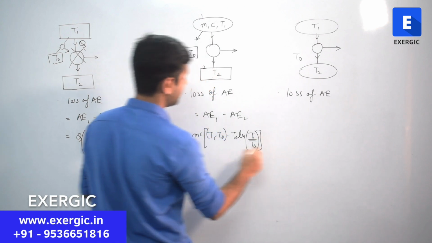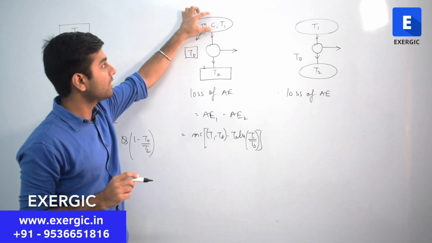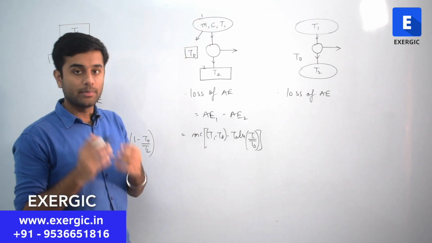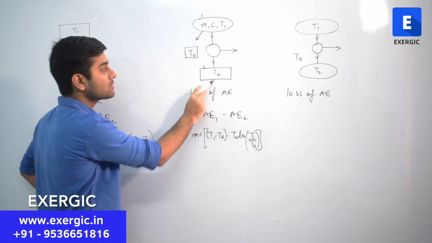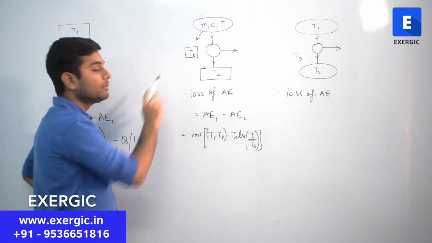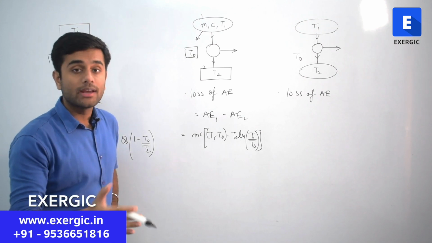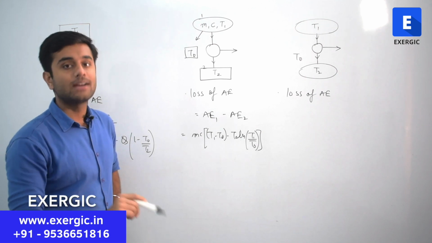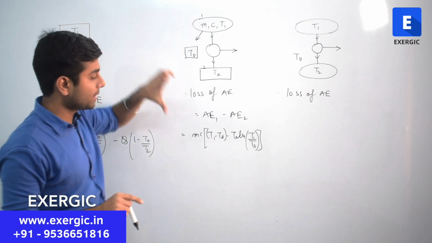This is the maximum work that you can extract when you allow the heat to transfer from one finite body to a thermal reservoir completely, correct? And the thermal reservoir in this case, I am repeating, is not going to be T2, it is going to be the minimum temperature available. That thermal reservoir of minimum temperature is what we use to calculate maximum work, because that will have the maximum temperature difference.